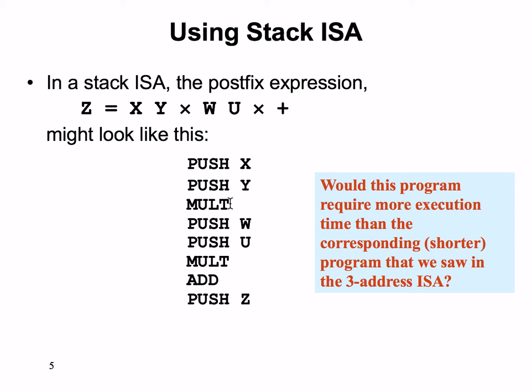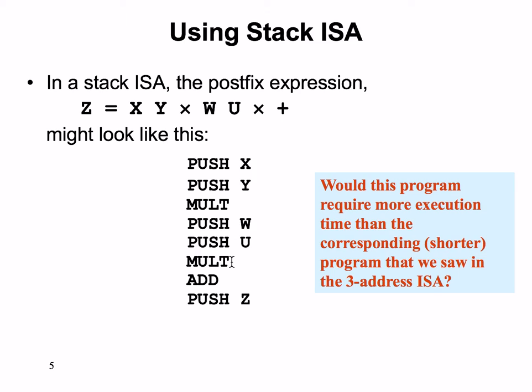We pop the value of the multiplication of x and y and the multiplication of w and u, and we add them together. The sum, the result of the addition of the two multiplications, is pushed back onto the stack.